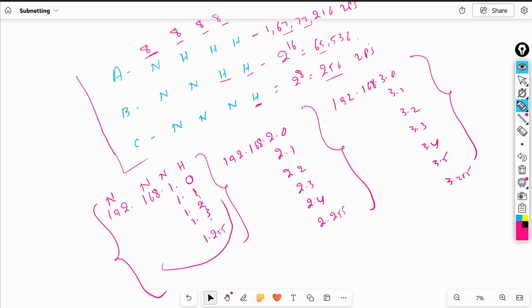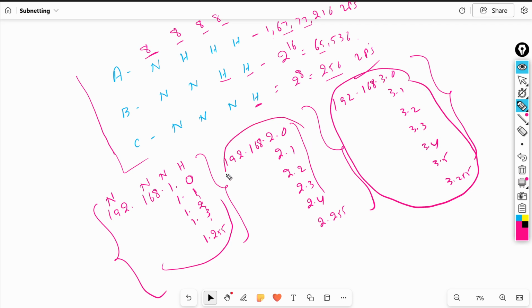This network has 256 IPs, this network also has 256 IPs, this network also has 256 IPs. If we take any network in class C, that network provides 256 IPs.